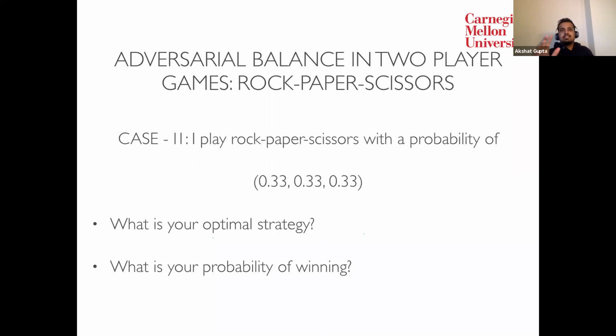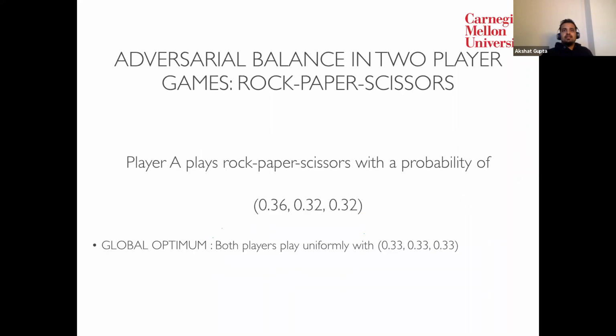And that, in some sense, is a stationary point that we want to reach in the game. It's for both players. That's the global optimum in some sense: if both players play absolutely perfectly randomly, that's the global optimum of the rock paper scissors game.